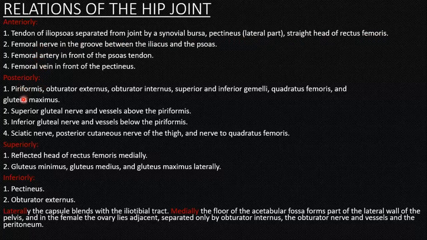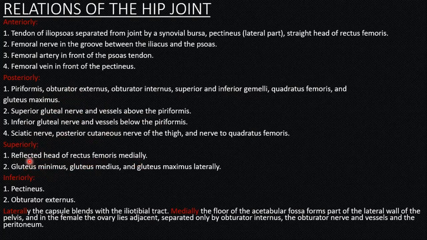Then posteriorly, we will have the structures located in the gluteal region, that is these muscles. You also have the nerves. You can see all these are the structures located in the gluteal region. Then superiorly, we will have the deflected head of rectus femoris, lying medially.